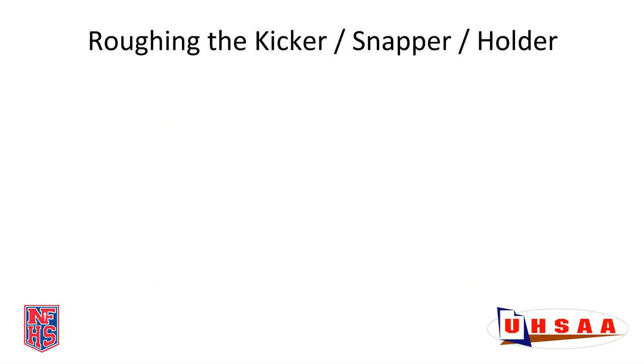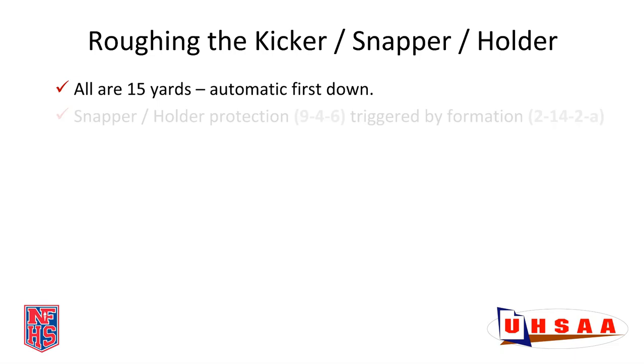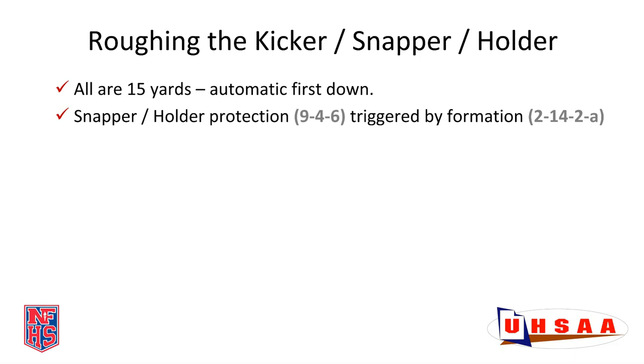Let's cover for a minute roughing the kicker, snapper, and holder. These penalties are all 15 yards in high school football and all carry an automatic first down. 3 of the 4 that do in the rule book. Now, snapper and holder protection is triggered by formation that we covered, formation 214-2A.